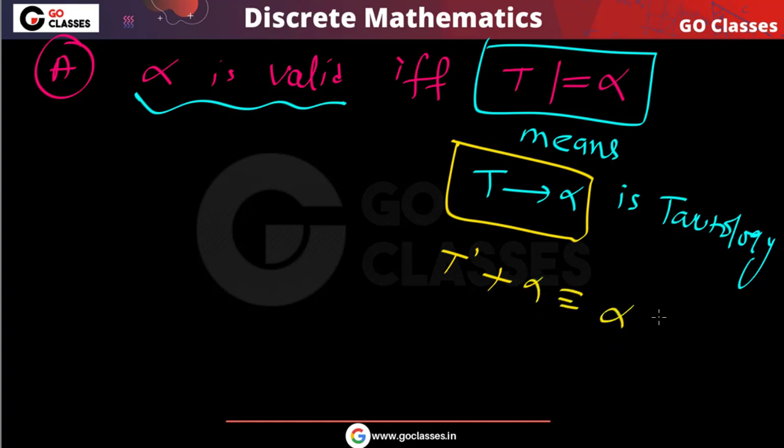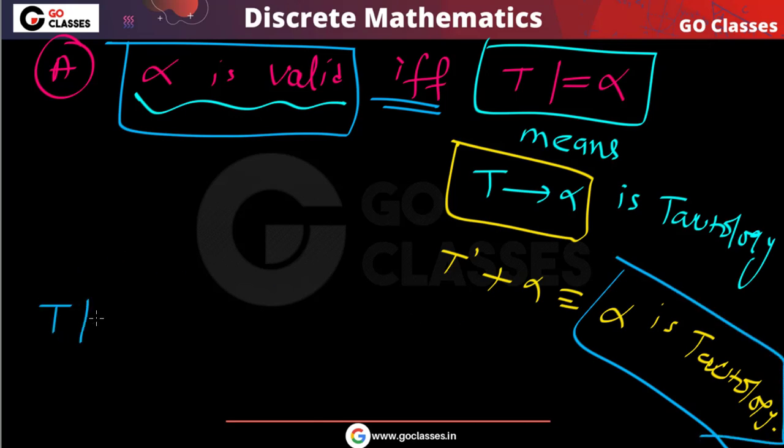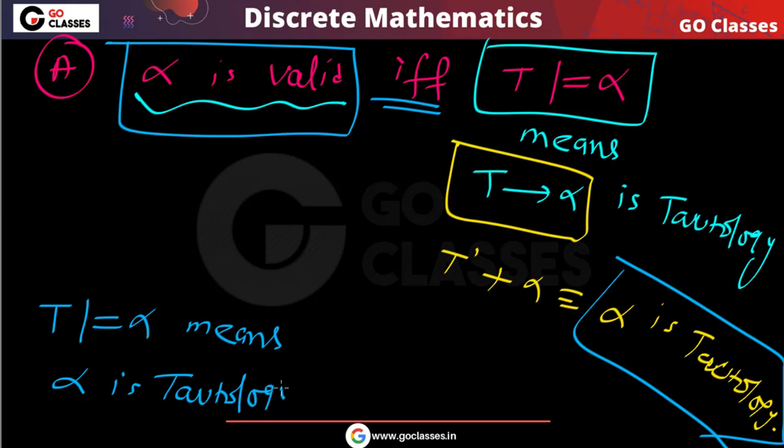So I can say that alpha is a tautology. So now the statement is: alpha is a tautology if and only if alpha is a tautology, because true infers alpha simply means alpha is a tautology.